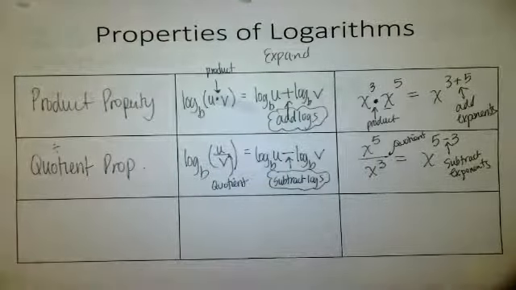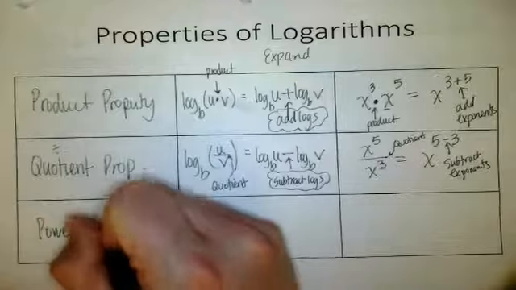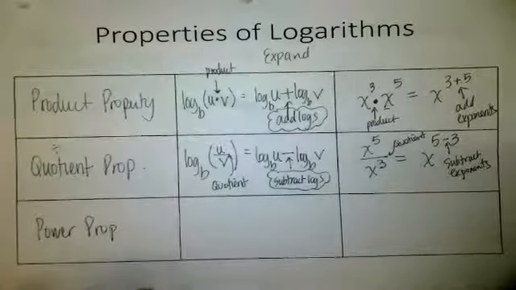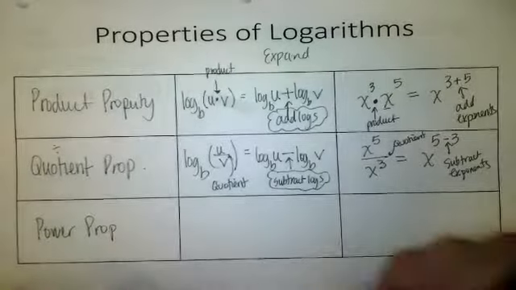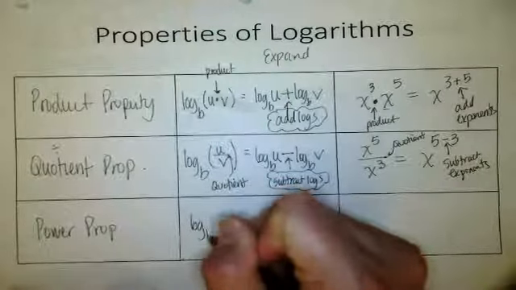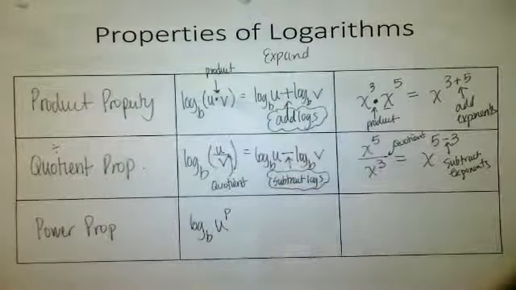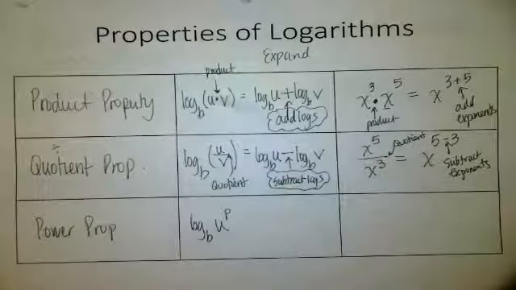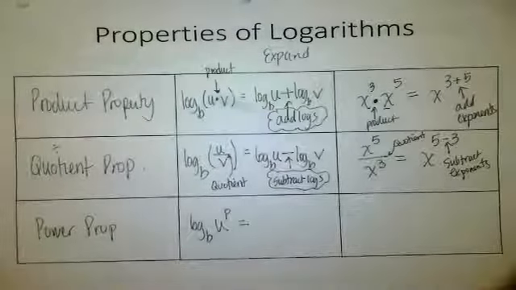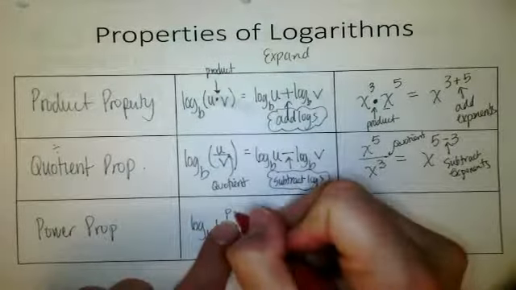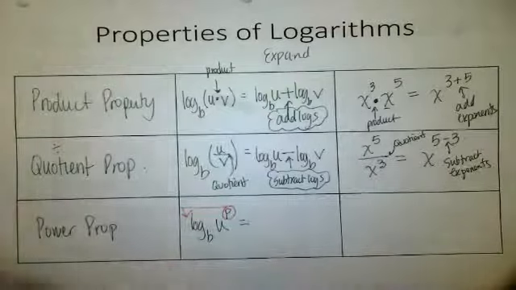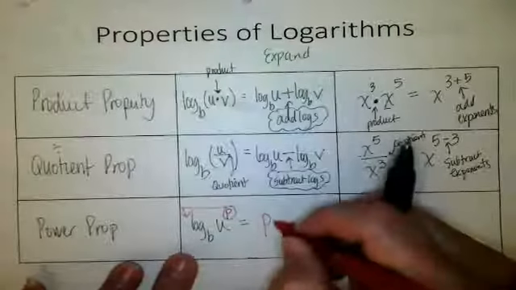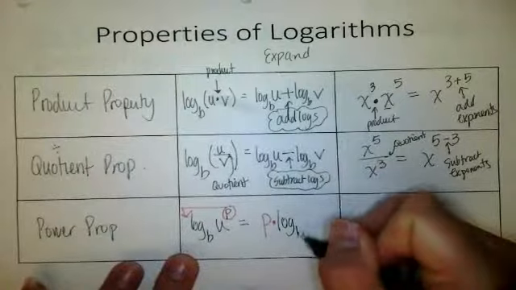All right, the very last property is the power property. The power property says if I have log base b of u to some power p, with a power, that power gets to drop right down in front and become p times log base b of u.